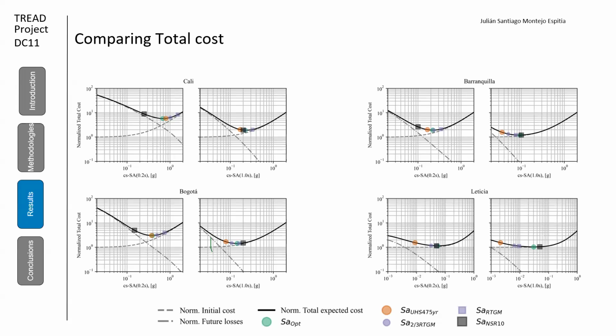The problem here is that, okay, maybe we can reduce the cost, but we are increasing the probability of collapse. Is that what I want for the code? Maybe not.